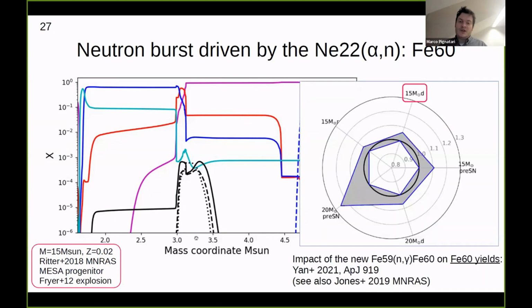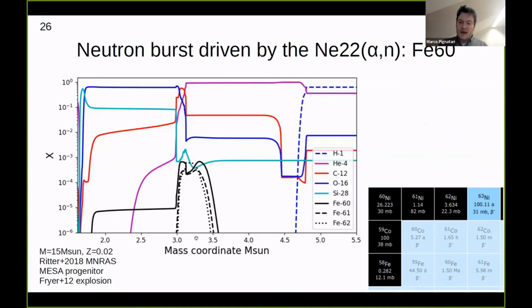And here I just want to mention that one of the bigger uncertainties about the production of iron-60 is that before reaching iron-60, from iron-58, we do a neutron capture on iron-58, iron-58(n,gamma), making iron-59. Iron-59 is doing another neutron capture and is making iron-60.